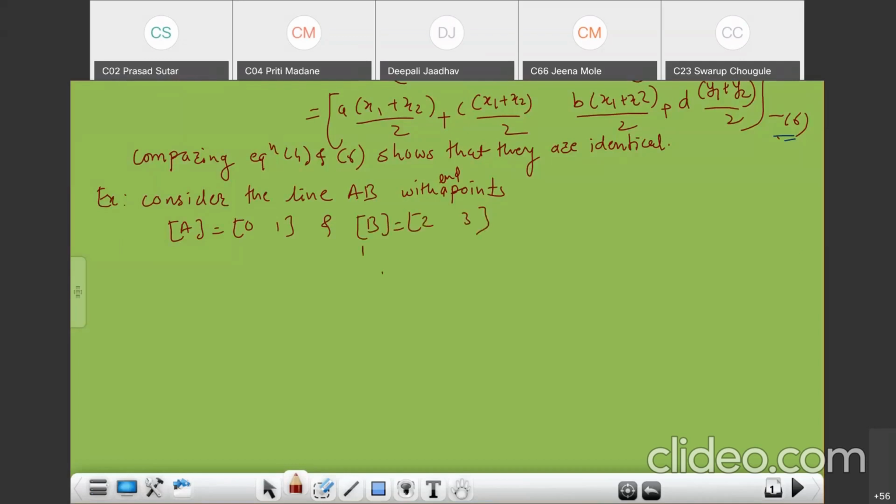The transformation matrix T is equal to 1, 2, 3, 1.